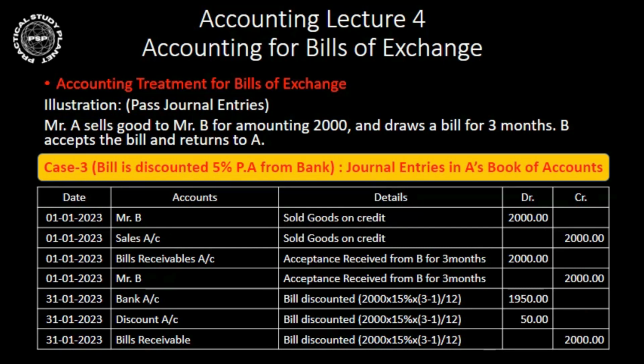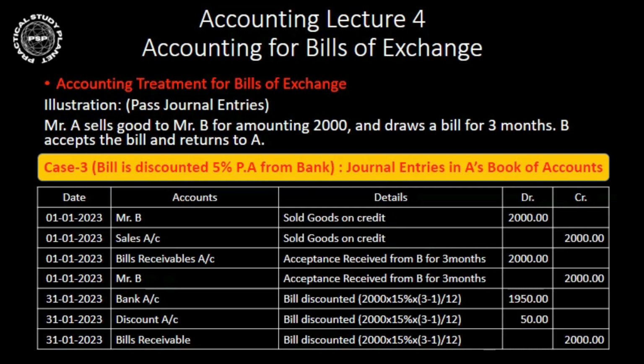In case 3, the bill is discounted at 5% per annum from the bank. So A's books of accounts will be like that. The first two transactions will be the same. Mr. B debit, sales credit, bills receivable debit, Mr. B credit. Now the bank will be debited, because the bill has been presented to the bank and discounted.